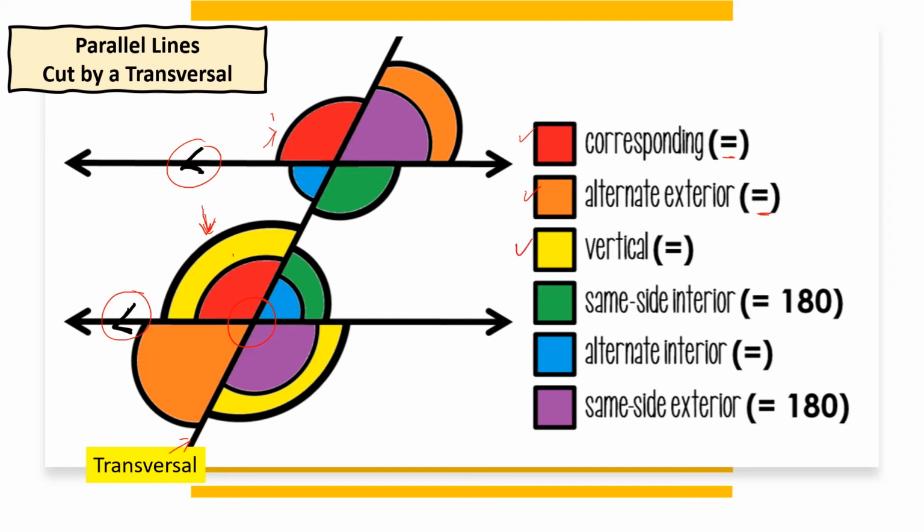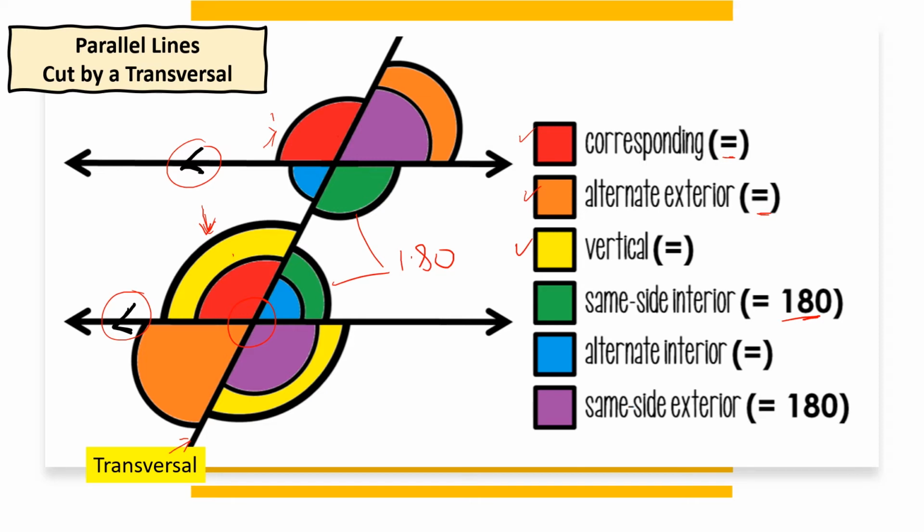Next you have same side interior angles. Same side interior angles are in green here. They're on the same side of the transversal, and they're on the inside of the parallel lines, and they equal 180. So these two angles together equal 180 degrees. Next you have alternate interior angles, just like alternate exterior, except they're on the inside.